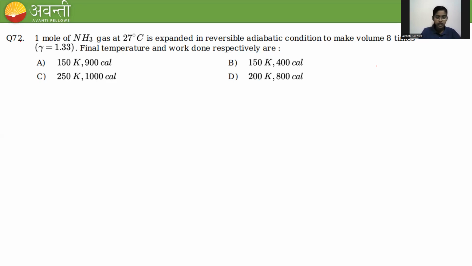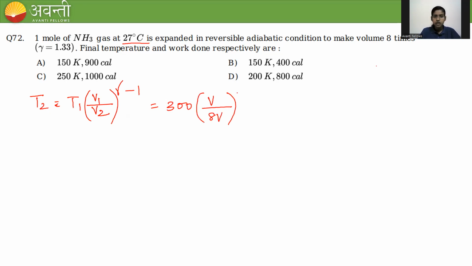T2 can be calculated using the formula T1 into V1 by V2 to the power gamma minus 1. Initial temperature is 27 degrees Celsius. If I convert this into Kelvin, I will get 300 Kelvin. Initial volume is V and final volume is 8 times the initial volume, so it is 8V. So to the power gamma is 1.33 minus 1.